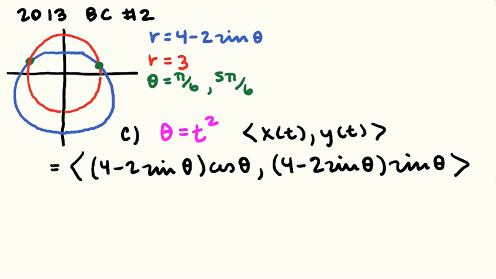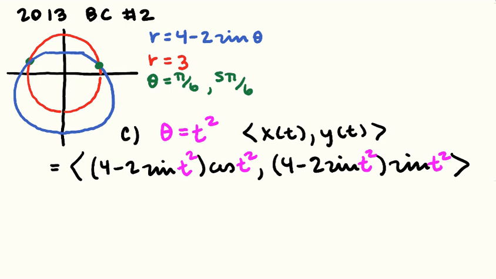But they wanted it in terms of t. So I'm going to use that identity, and wherever I see theta, I'm going to replace it with t squared. Is that easy? That's the first part.